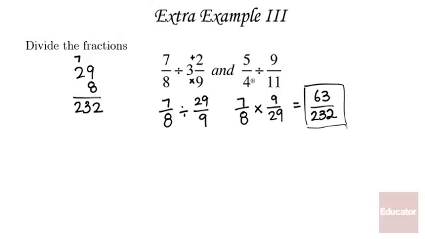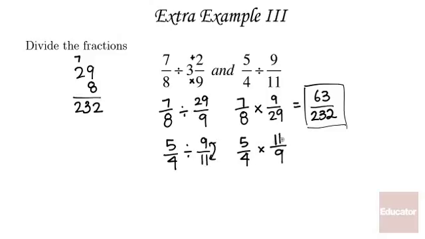Okay, the next example, 5 over 4 divided by 9 over 11. It's my problem. Before I start canceling numbers out, I have to make sure I change this to a multiplication problem first. So 5 over 4 times 11 over 9. Don't forget to flip this one.